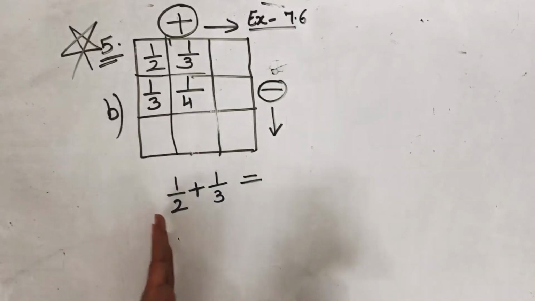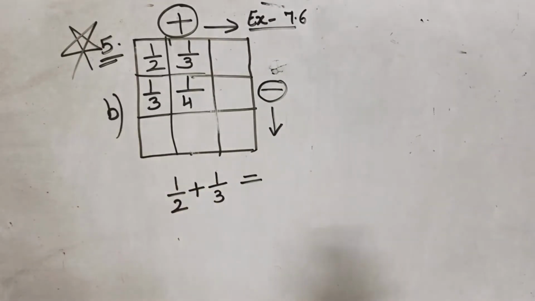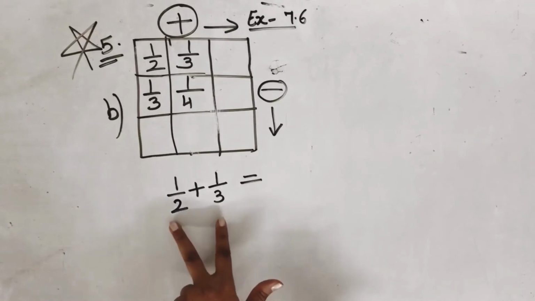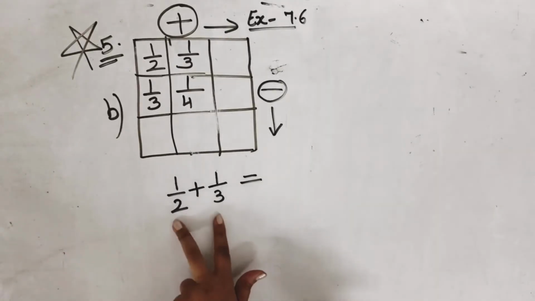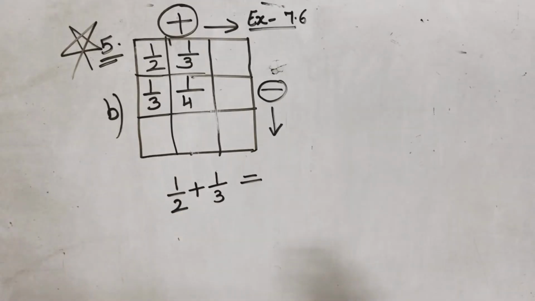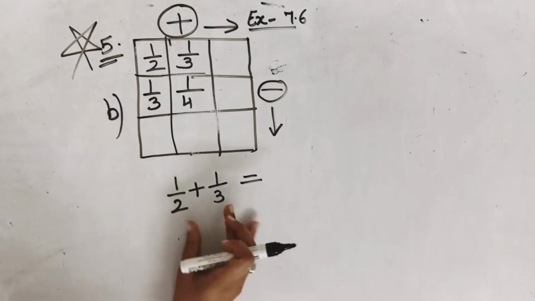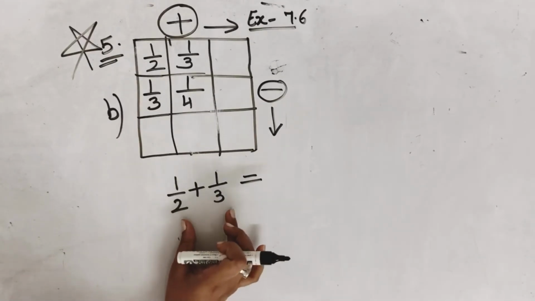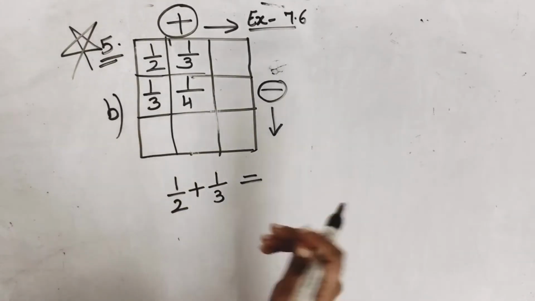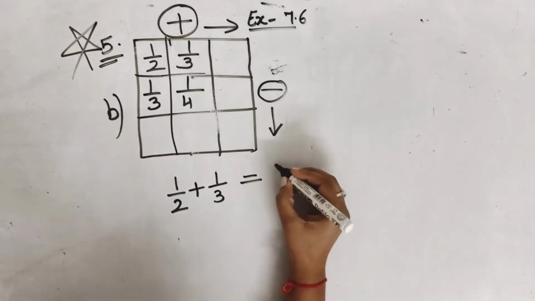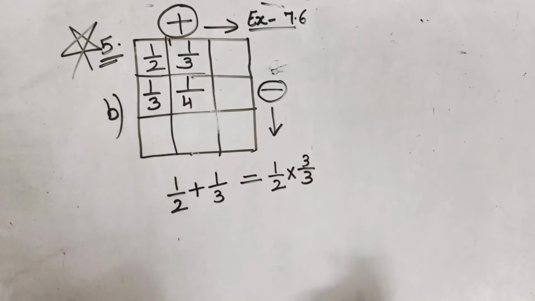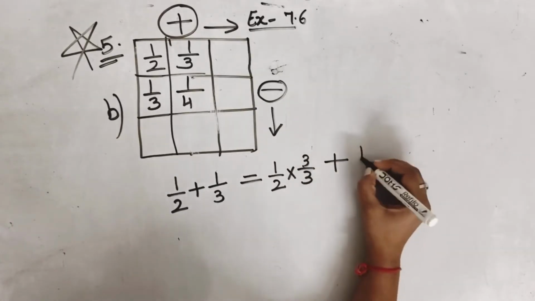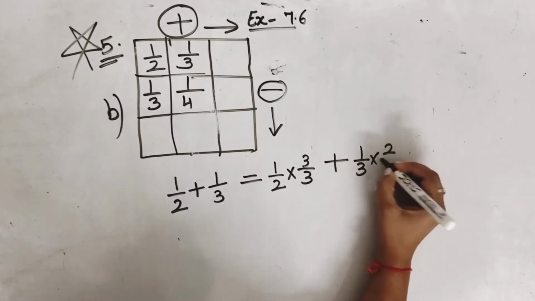Now 1 by 2 plus 1 by 3. First you have to make them like fractions. So you will find the LCM of both. What is the LCM? Of 2 and 3, it is 6. So you can make them like fractions with denominator 6. I am doing that in a single step only. To convert 1 by 2 to denominator 6, I'll multiply by 3 by 3, plus 1 by 3 into 2 by 2.